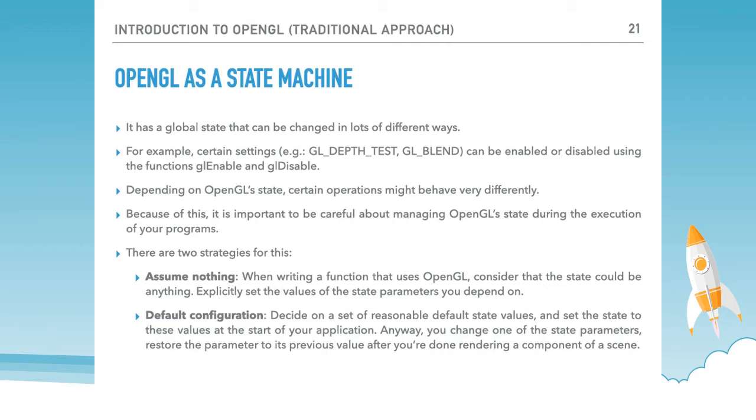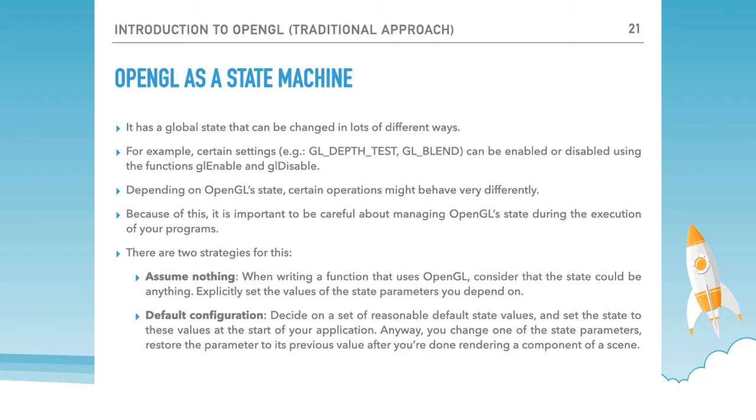For example, certain settings like GL_DEPTH_TEST and GL_BLEND can be enabled or disabled using the functions glEnable or glDisable. Depending on the OpenGL state, certain operations might behave very differently. Because of this, it is important to be careful about managing OpenGL state during the execution of your program.